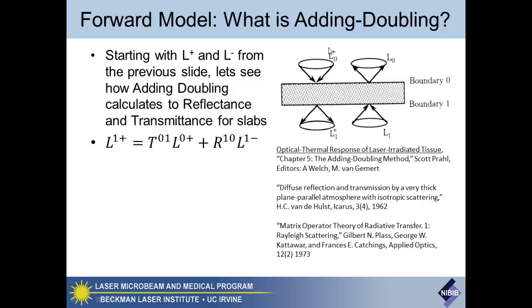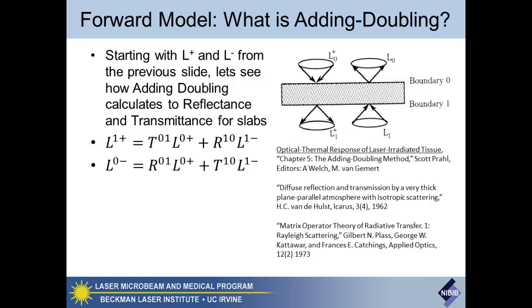You have your input radiance, and this T going from boundary 0 to boundary 1 is this internal operator that would describe how the optical properties would affect the incoming radiance. And this operator here, R, from boundary 1 to 0, would affect the backward directed light.